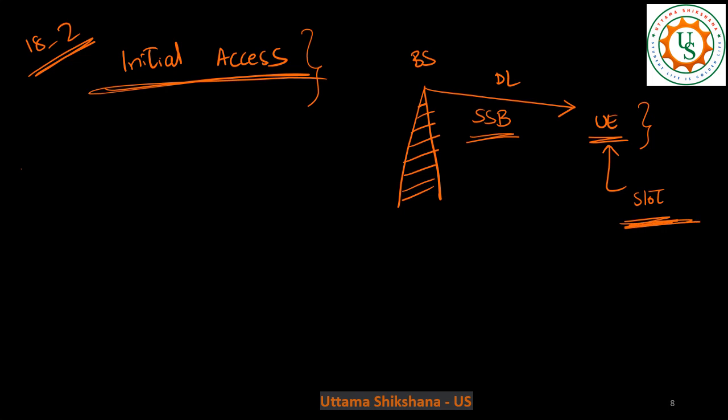Now the question is whether we have PDCCH for this SSB, because SSB is transmitted in the downlink. So in order to know the location of this SSB, do we have PDCCH? No, because as I was mentioning, PDCCH has to be transmitted slot by slot, and since during initial access the UE requires to know its slot boundary, in the beginning PDCCH is not sent, directly SSB is sent. Then how does the UE identify where its SSB is?